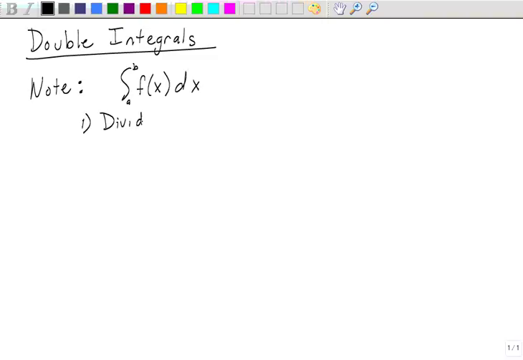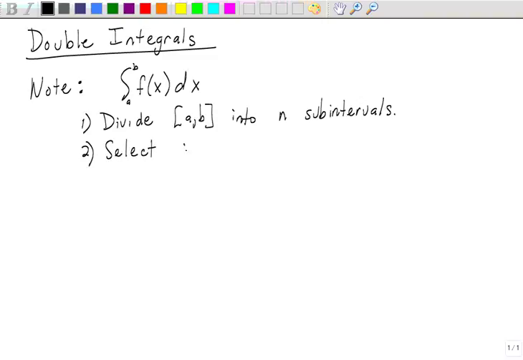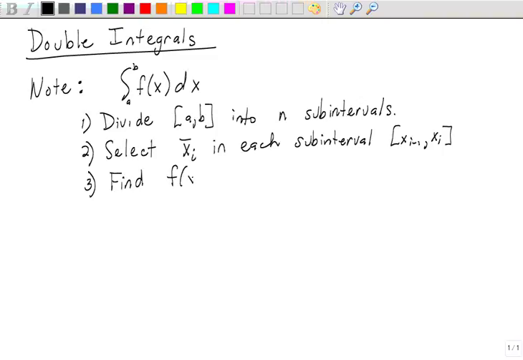We divide the interval ab into n subintervals. They didn't have to be equal. And then we select an xi, any point in each subinterval. And then we evaluate f at that point.